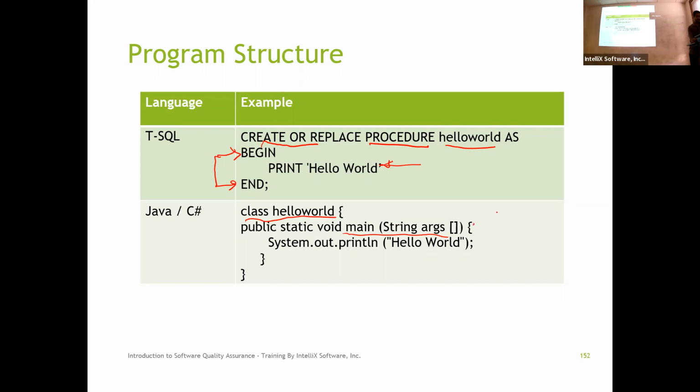And then they use curly braces as the start and end of blocks. And then this is your executable statement, which matches the print hello world. So you can clearly see that when it starts running the program, everything in the block is what gets executed.